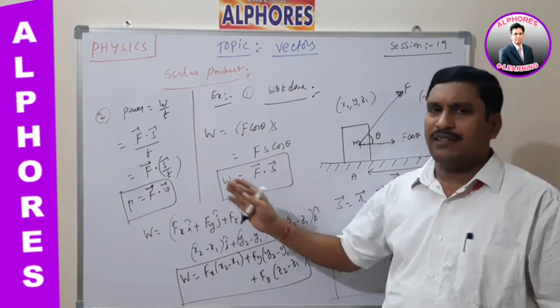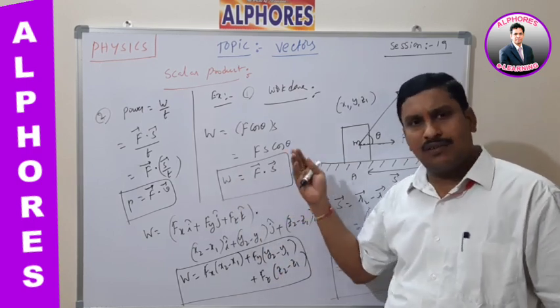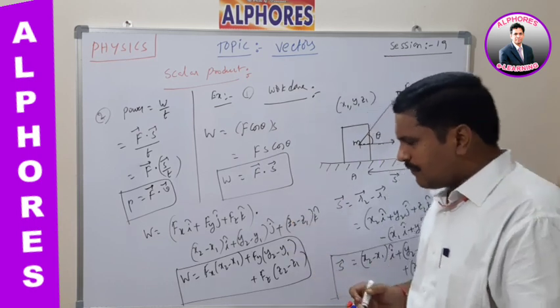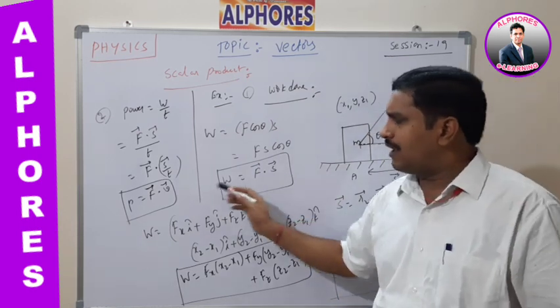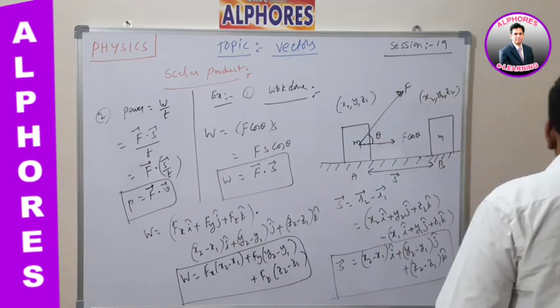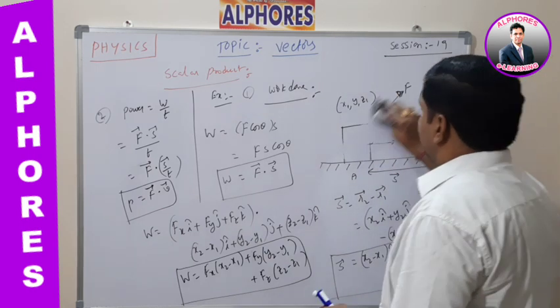So these are the main two examples. Some remaining examples are related to second year and further topics also. Generally we know about work done and power. Now listen carefully. I have to give some problems based on the dot product today.